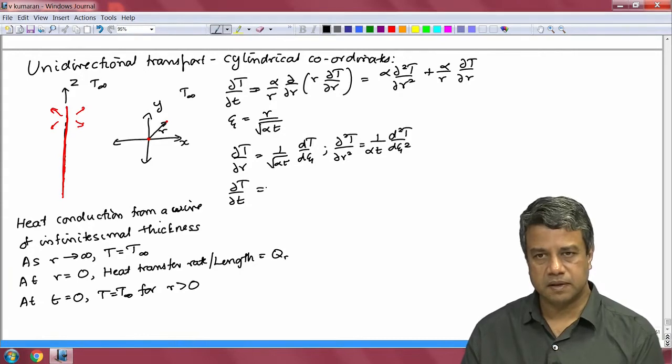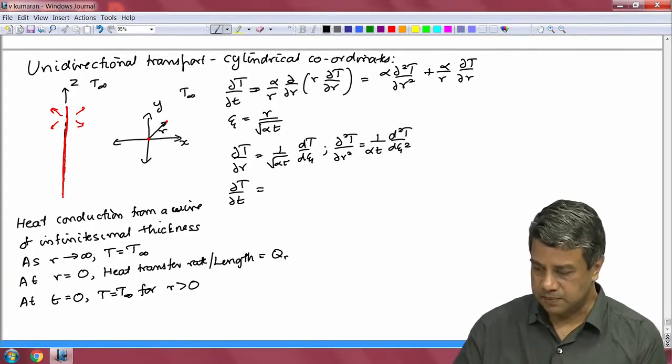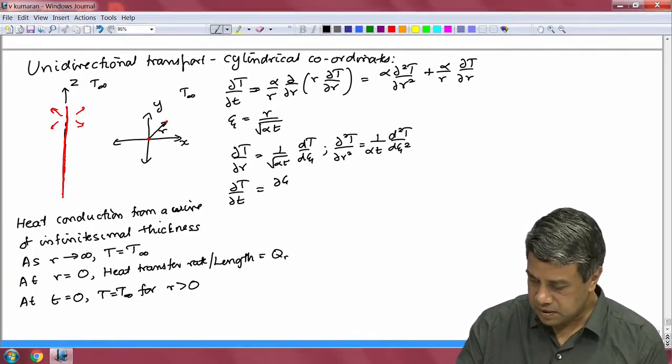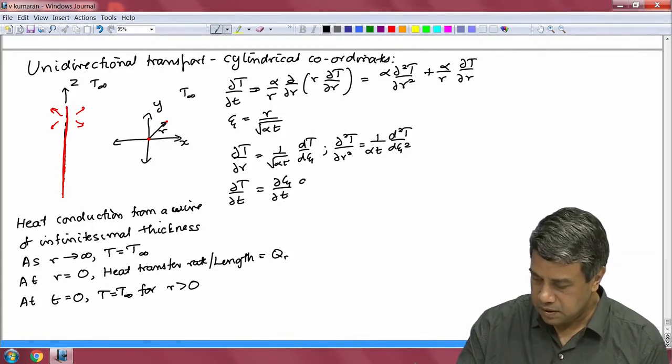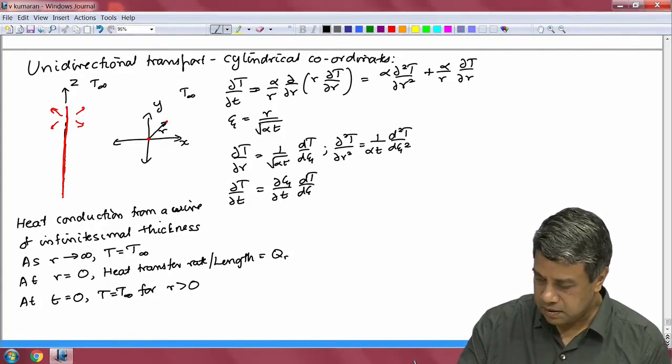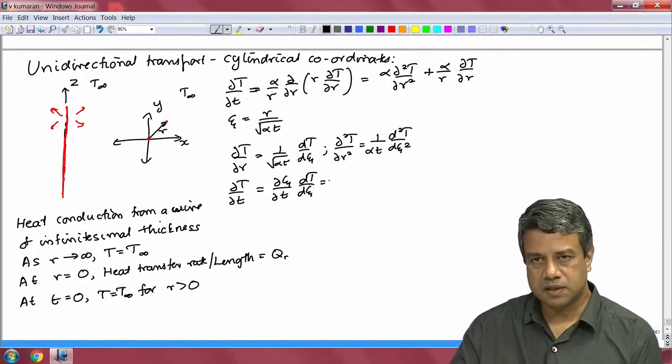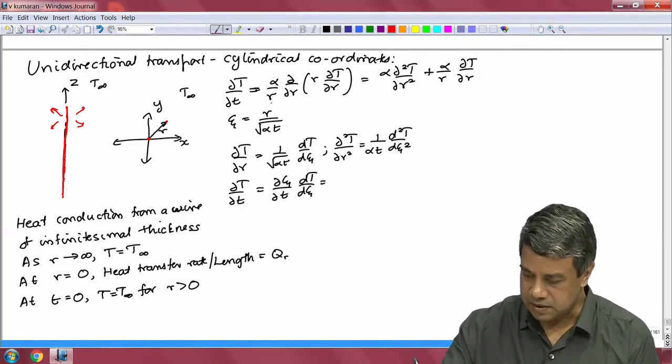The derivative of the temperature with respect to time is partial psi by partial t dT by d psi. Okay. Partial psi by partial t, psi is given by this.